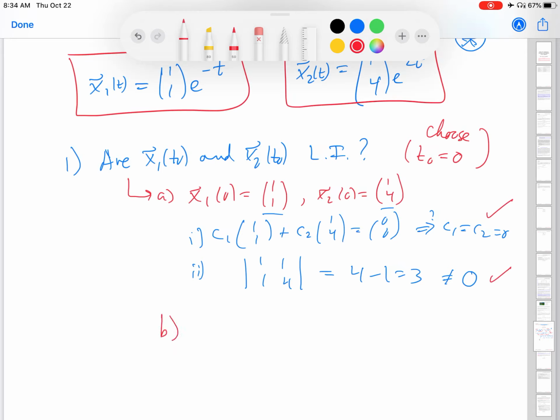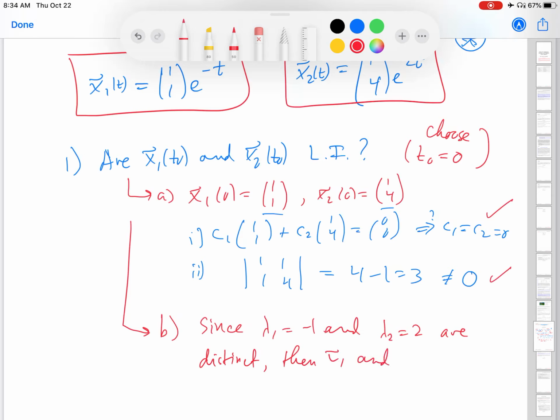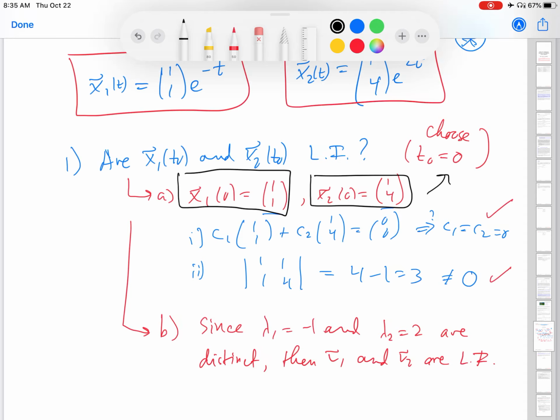Let me show you then the second way that I just talked about with this recap in the previous page. Since lambda 1 equals -1 and lambda 2 equals 2 are distinct, then v1 and v2 are linearly independent. And v1 and v2 are exactly, up here, the vector valued functions at a convenient t-value.